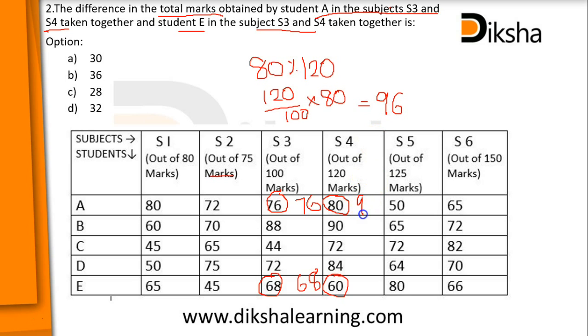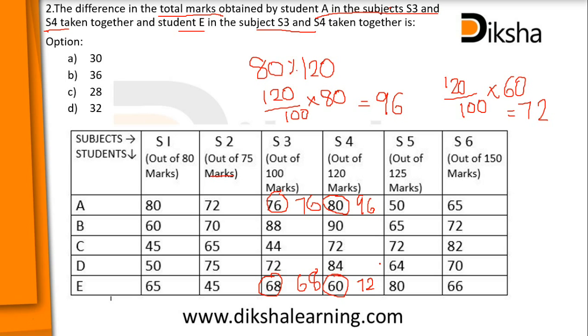So 80 percentage of 120 will be 96, and for 60 percentage, similarly, 120 by 100 into 60 fetches you 72. Now we are going to the question.